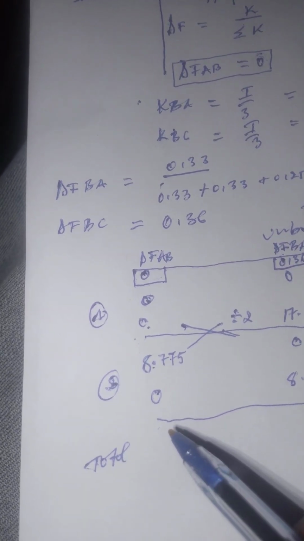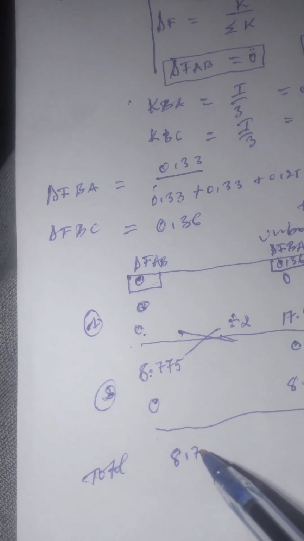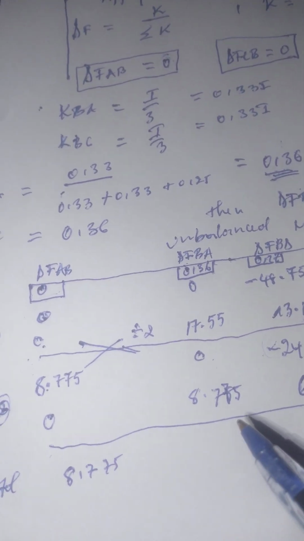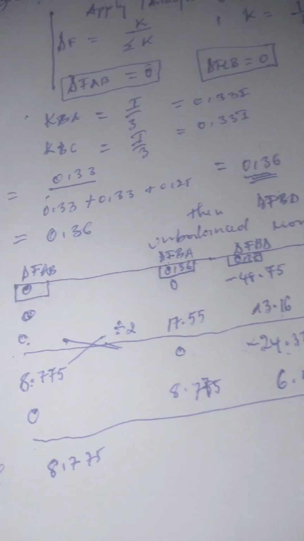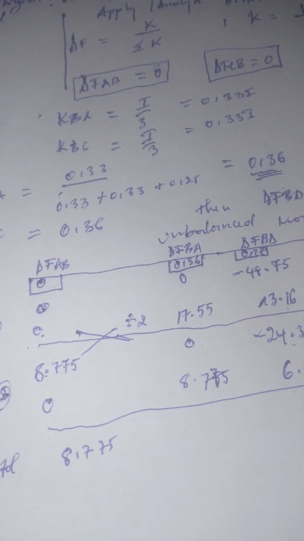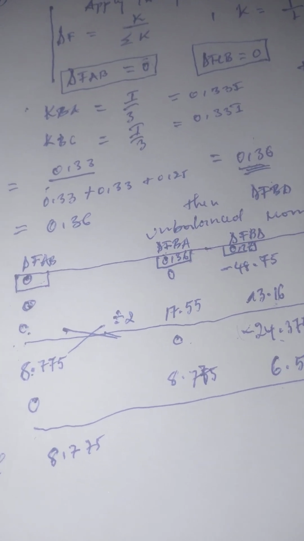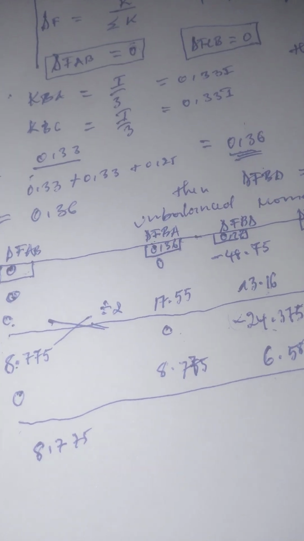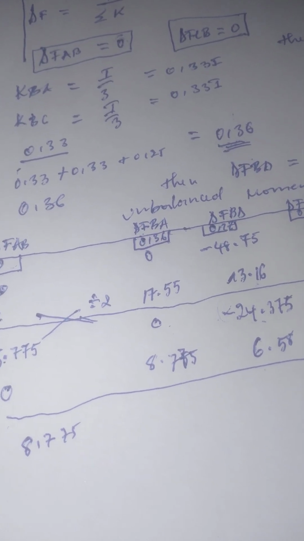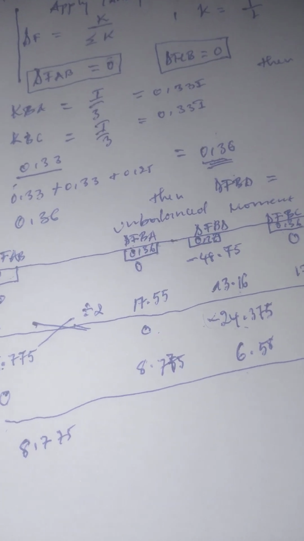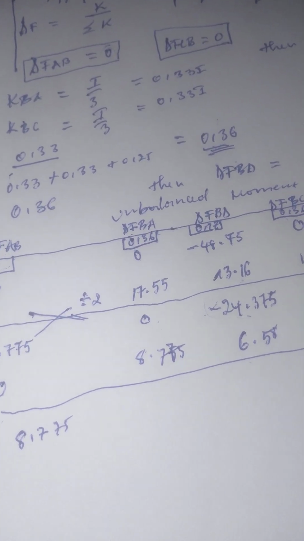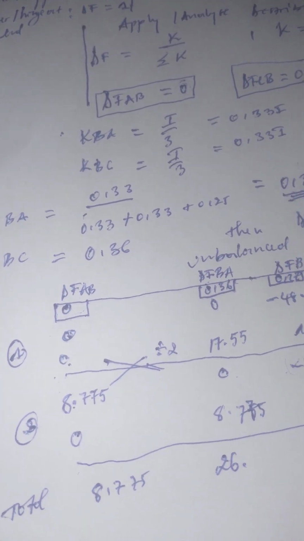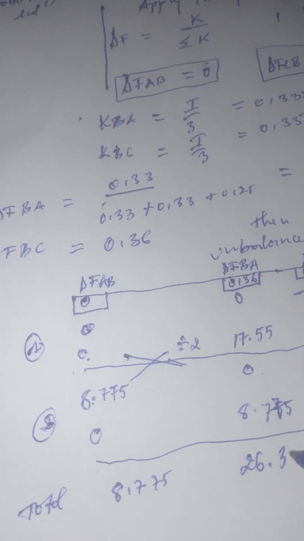Here the total is 8.775. By now here is 8.775, then plus 17.55, you get here 26.35.